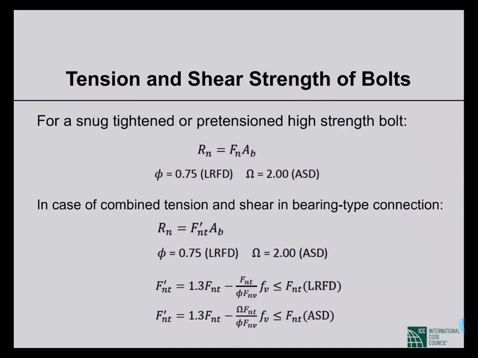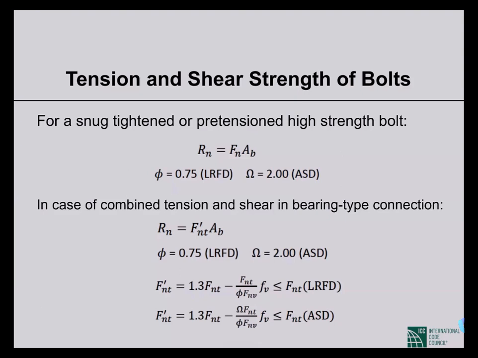Now let's talk about tension and shear strength of bolts. We have just introduced FNT and FNV. We have to multiply with the area of the bolt. Now you can say that in the bolt there are threads. We should have considered the effective area, but that is already considered in that table.